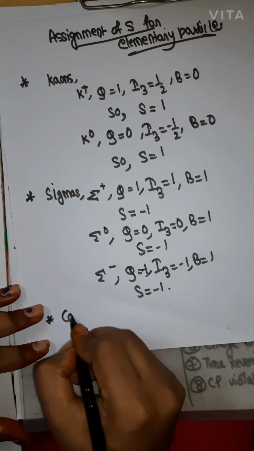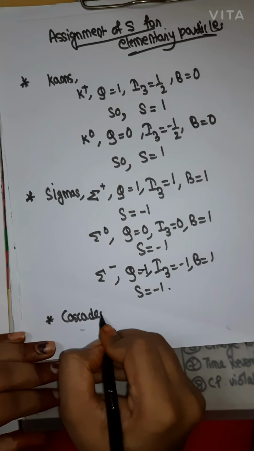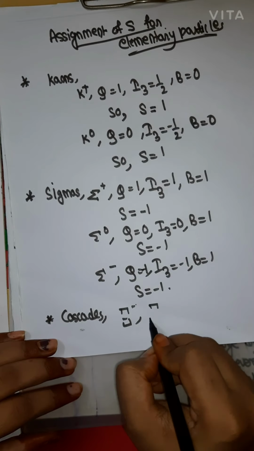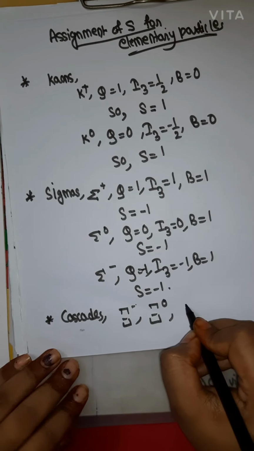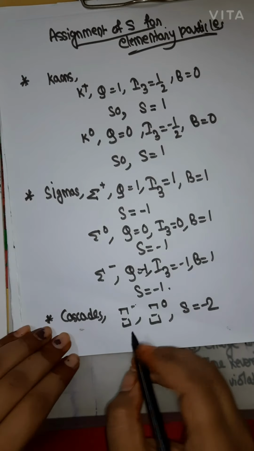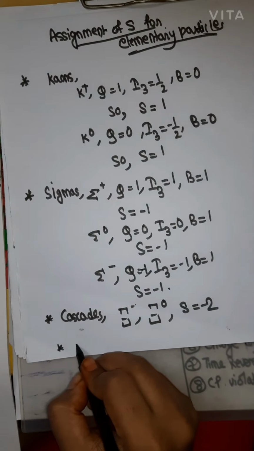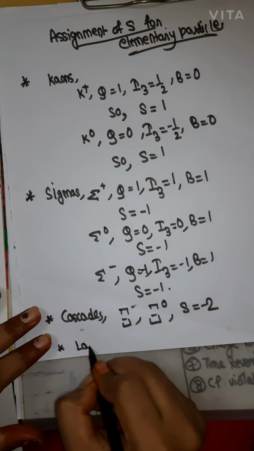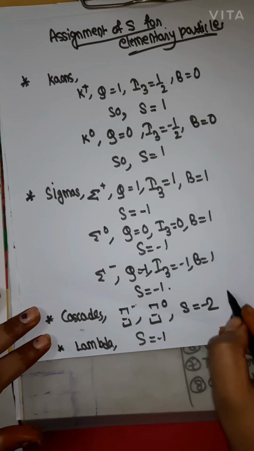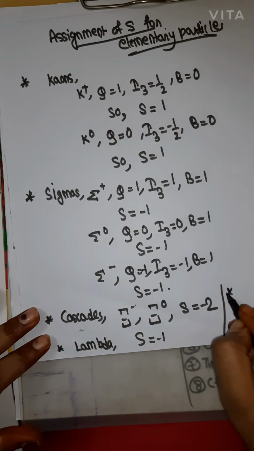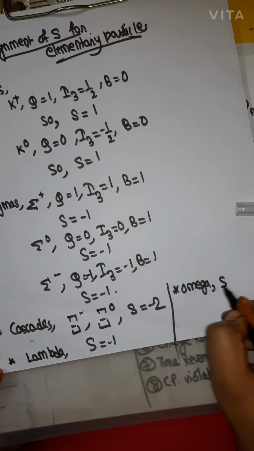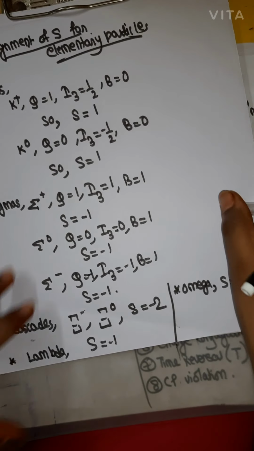For cascades, similarly you can check cascade minus and cascade 0: both have strangeness of minus 2. For lambda we have strangeness of minus 1, and for omega we have strangeness of minus 3.